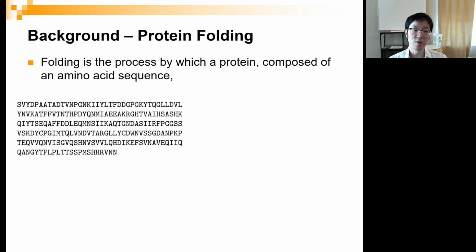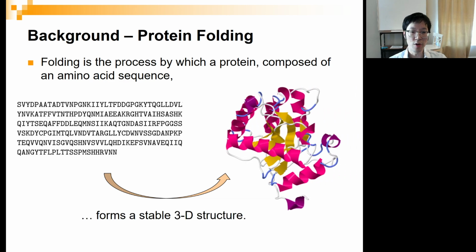So say here is an amino acid sequence corresponding to a protein. And so folding is the process by which it forms a stable three-dimensional structure. Okay, so the structure is the one shown on the right here.